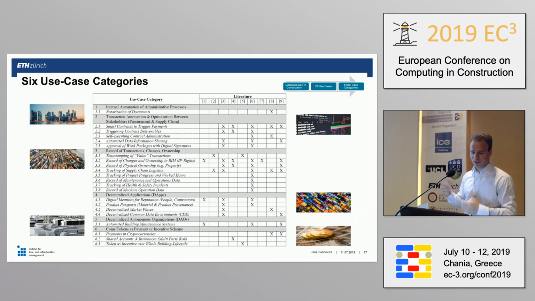And then 2 fancy words: decentralized applications, which are basically apps on the blockchain, and decentralized autonomous organizations, which I will show later on in the presentation. And the last category is coins and tokens as payment and incentive schemes, which is a lot related to cryptocurrencies and the financial side of blockchains.